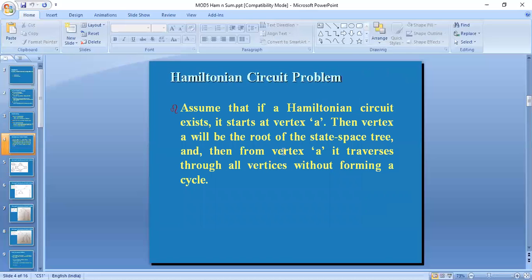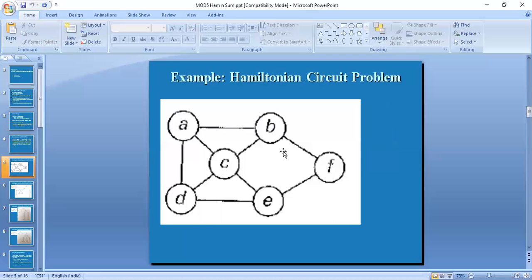So here, when you have a graph, it will start with the root of the state space tree. Then from that root, it will traverse through all the vertices, forming a cycle. Ensure that you visit all the vertices exactly once and come back to the starting vertex.